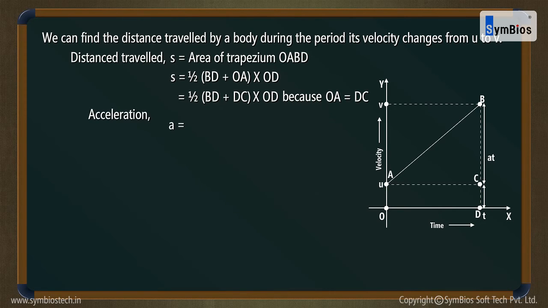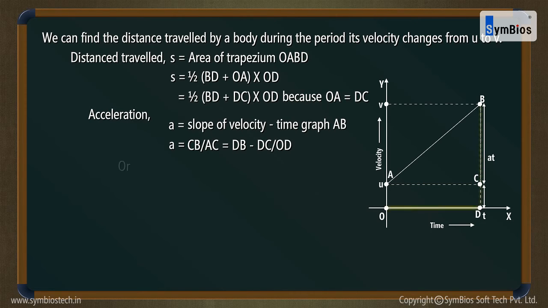Acceleration a is equal to slope of velocity time graph AB. a is equal to CB by AC, is equal to (DB minus DC) by OD, or OD is equal to (DB minus DC) by a.